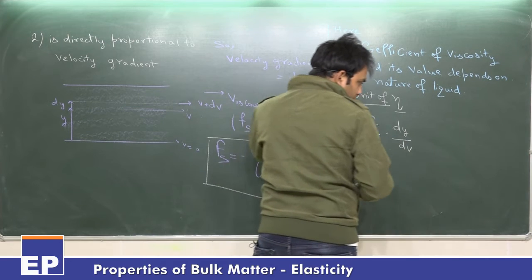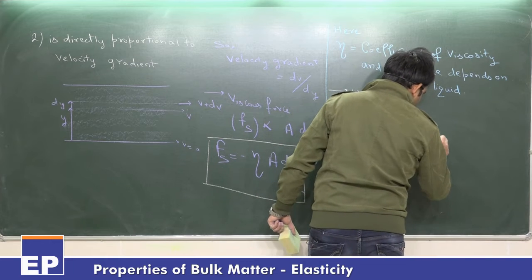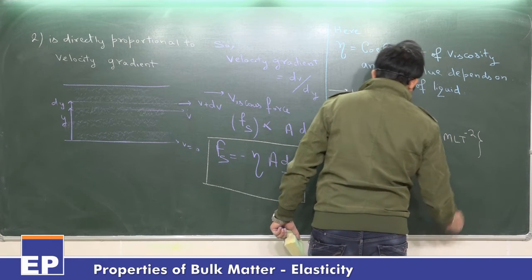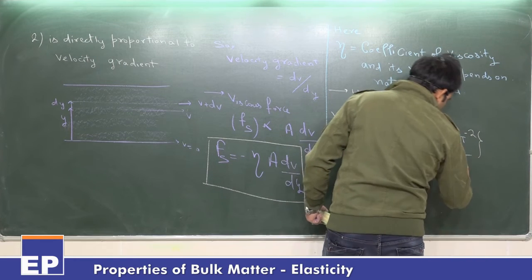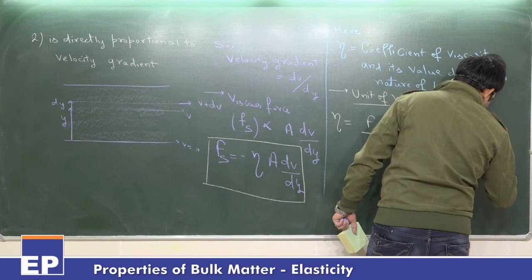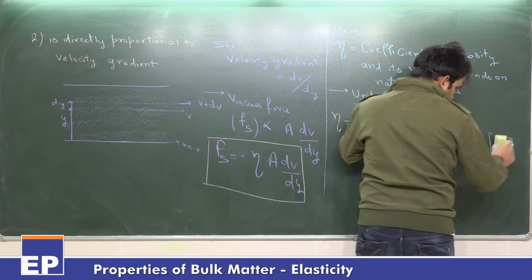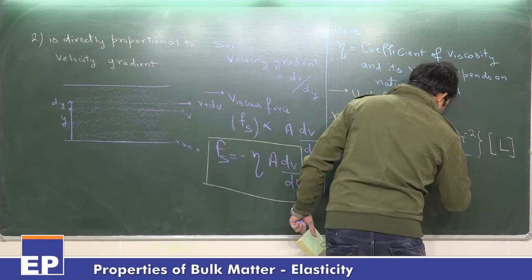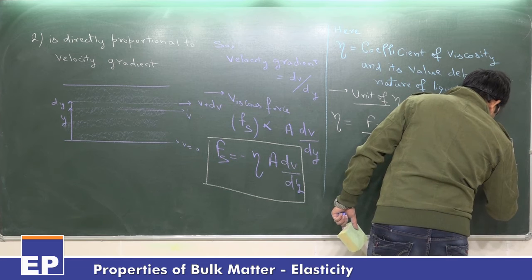Now if you calculate the unit of it, force is MLT minus 2. Area is meter square. This is meter, and this is LT minus 1.